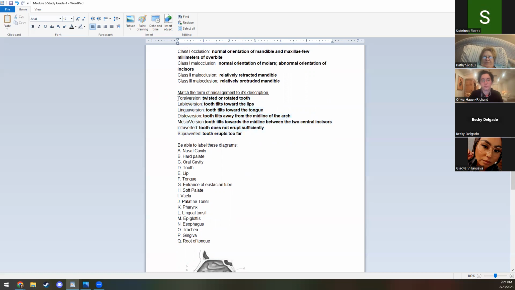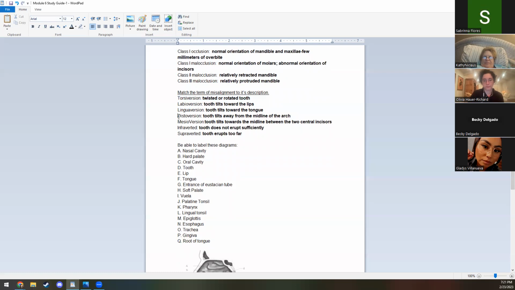For this one, the way that I remember: T, twisted, T, transversion, T twisted. Labioversion is tooth tilts towards the lips, so L, lips. And then the linguoversion is the tooth tilts towards the tongue, so L, lingua, which is lengua in Spanish.